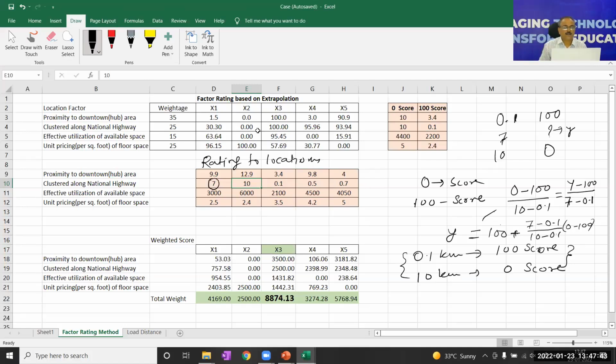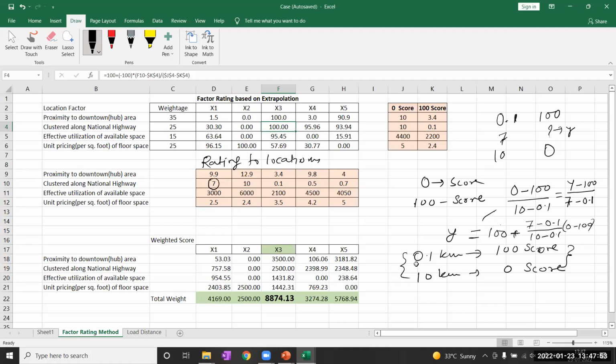So the second location gets a rating of 0. X3 is at 0.1 kilometer based on the data, so that will get a score of 100.